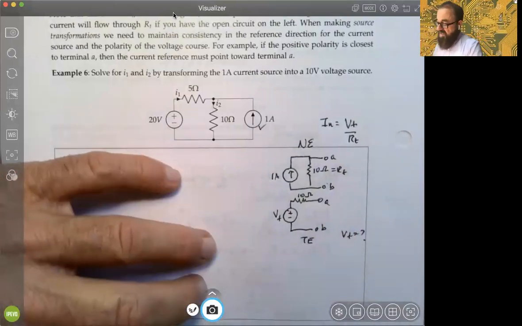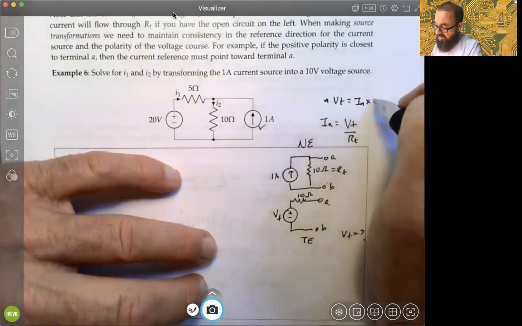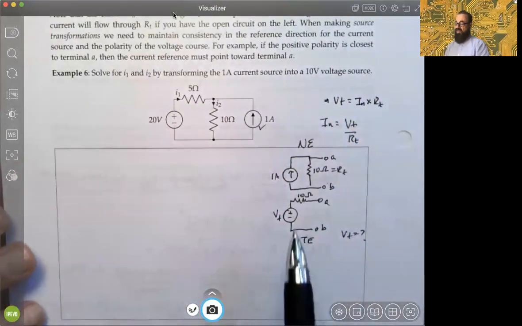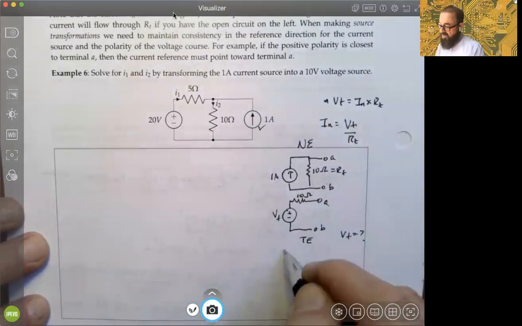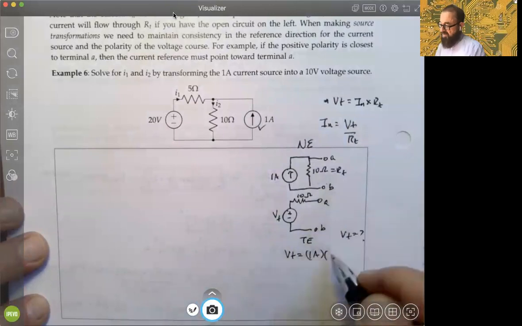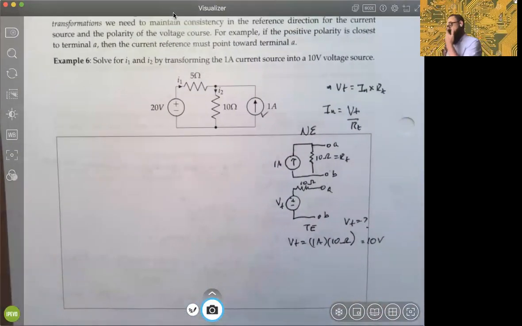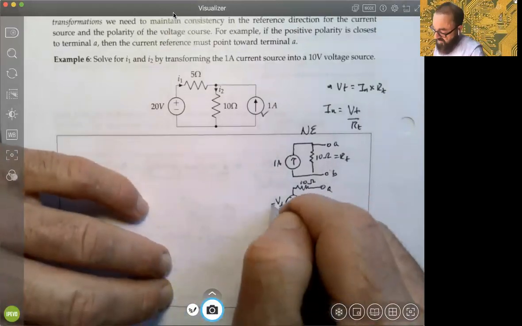So in this case, another way of writing that is that VT has to be I sub n times R sub T. And you know what I sub n is, it's given to you as 1 amp. So VT has to be 1 amp multiplied by the Thevenin resistance, which is 10 ohms. And so therefore we immediately know that VT must be 10 volts, okay? Right. So this is equal to 10 volts.